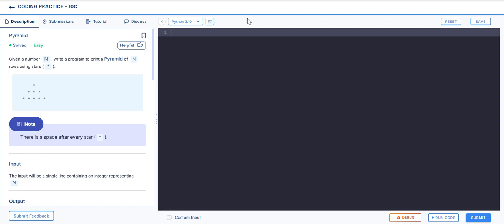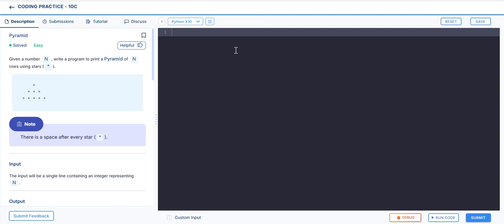Today I'm going to discuss a problem: given a number n, write a program to print a pyramid of n rows using stars. You have to take the input n and print the pyramid of n rows using stars.